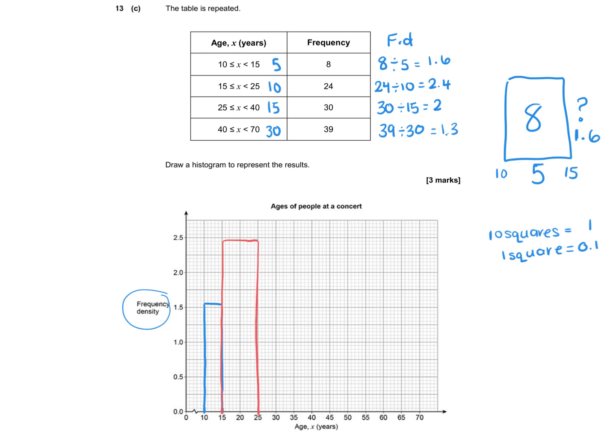And then we've got our next one, which goes up to a height of 2, which is a much easier number to go to. 25 all the way up to 40, I have a height of 2. Obviously, you're going to be using a ruler, and it's going to look much prettier. And then our last one goes up to 1.3. So from 40 all the way up to 70, we go to 1.3. So there's 1.1, 2, 3.